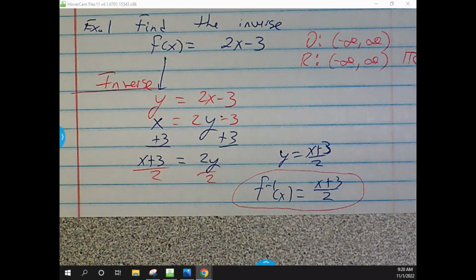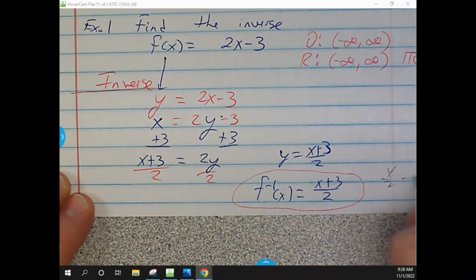So, can we use that as like a cheat method? For this one? You can. Now the only thing is sometimes the order and how you do it has to be specific. Like for this one, if you had x over 2 minus 3, that would actually be wrong.